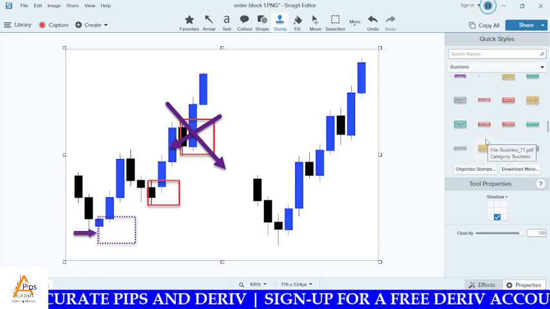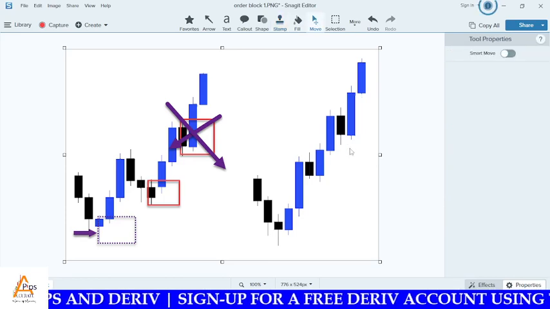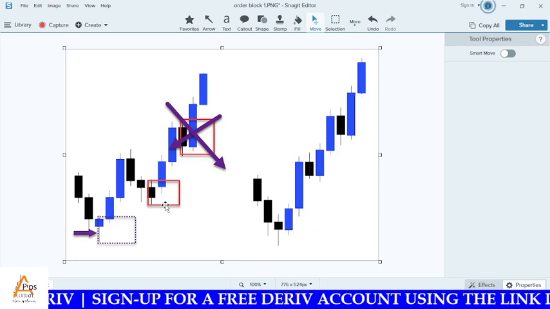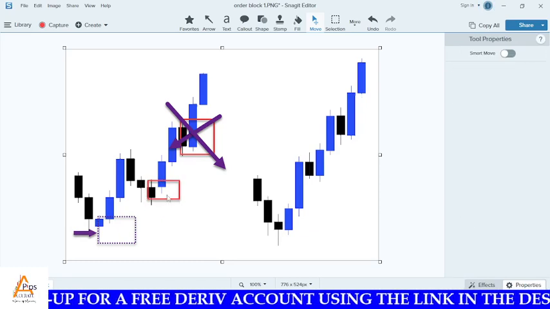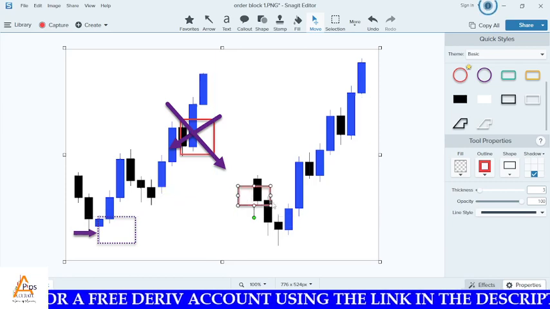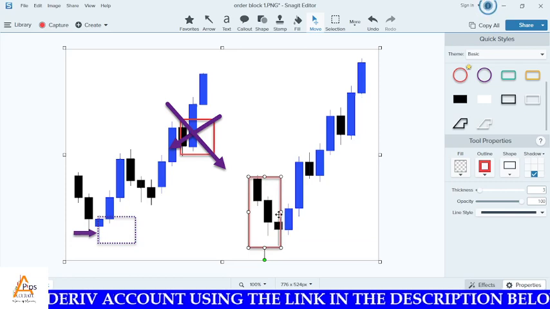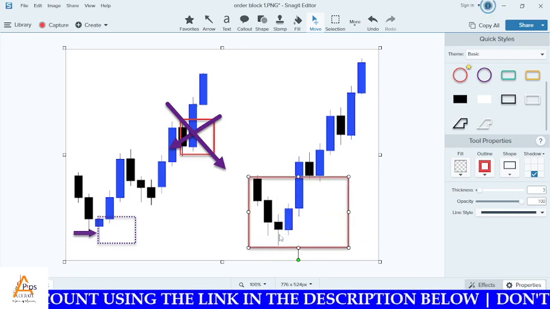Let me see. Okay, let's leave it like that. Let's come to this side. Okay. So here, as you can see, we have our last selling momentum as our order flow, but we want our order block.